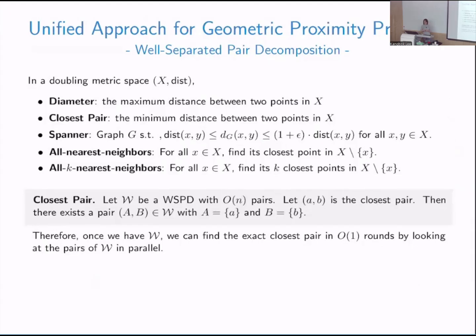So here n is the number of points. We have a metric space. All points are given. We know that these points lie on the metric space. We don't enumerate all the points in the metric space. We are given n points, and in our model, we assume that given 2 points, their distance can be computed in constant time.